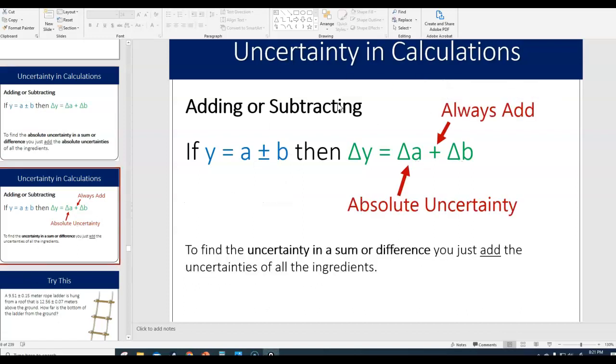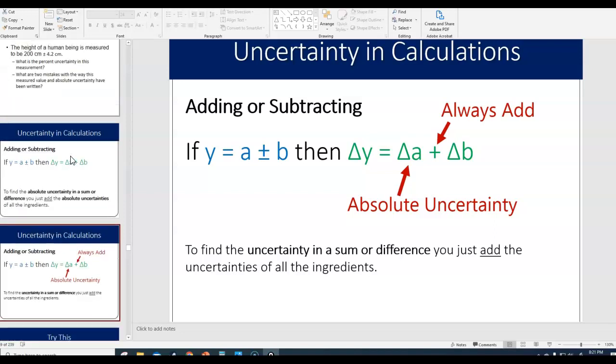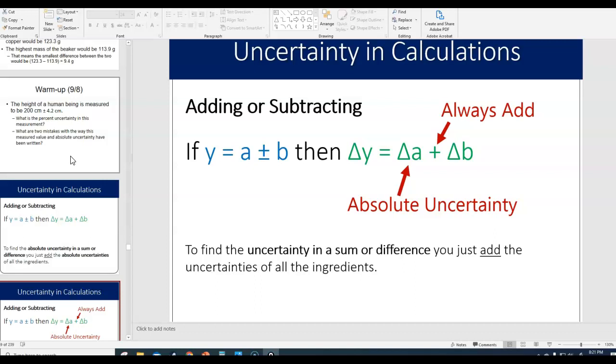Then this is basically the same slide. When you add or subtract quantities, you add the absolute uncertainties in those quantities. So delta A is the uncertainty in A, and delta B is the uncertainty in B. In the example that we just did, we were not adding, but we were subtracting two masses. And because we were subtracting two masses, we added their absolute uncertainties.